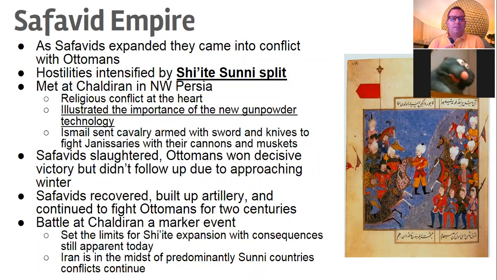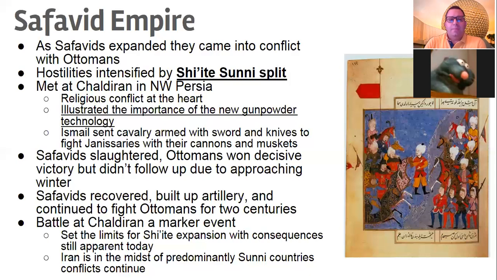And so where that conflict begins is in what is now modern day Persia, up in the northwest. Yes, this is very much a religious conflict at heart. However, the battle that's going to take place also very nicely illustrates how advantageous and how important gunpowder came to be.